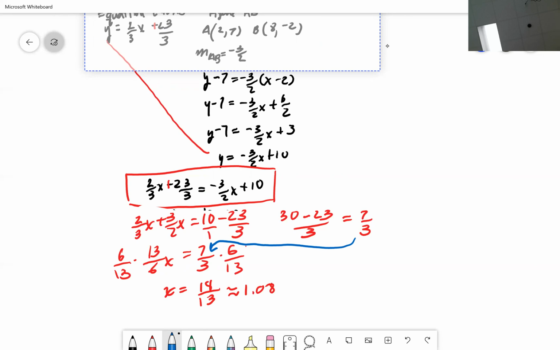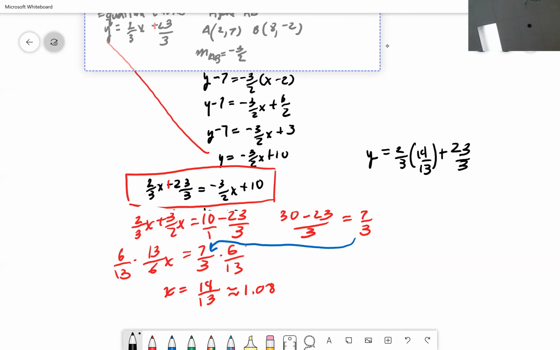Okay. So now we've got the x, and now we're going to find the y quickly because we only have 5 minutes of class. So we got y equals 2/3 times 14/13 plus, not minus, 23/3.